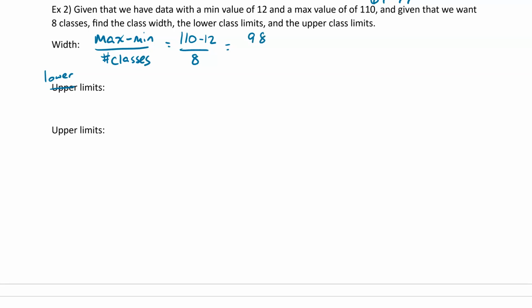So that is 98 over 8, which is 12.25. Again, remember, even though normal rounding rules say we should round that down, we're just always rounding up for this class width. So we are going to have a class width of 13.